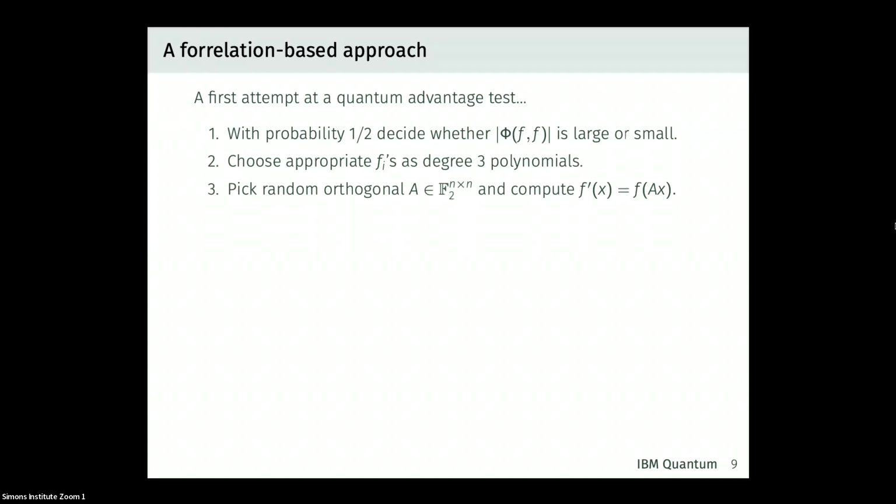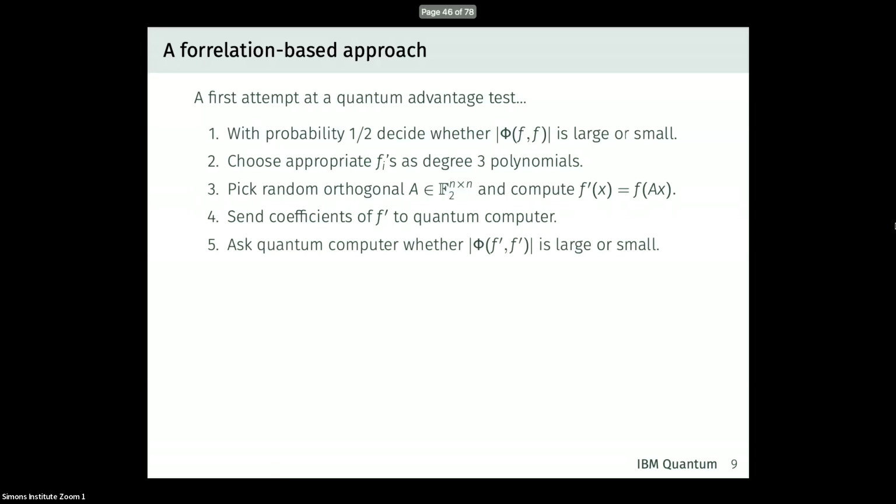As I said, because this is a low degree polynomial and it's degree 3, the number of coefficients is on the order of n cubed. So you can just compute all of them in n cubed time. We're then going to send these coefficients to the quantum computer, and ask it to perform self-forrelation with this function and tell me if the value is large or small.